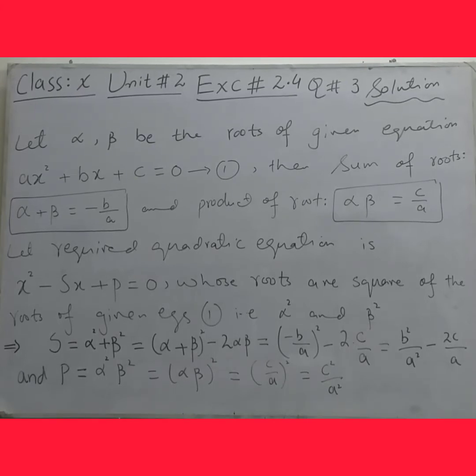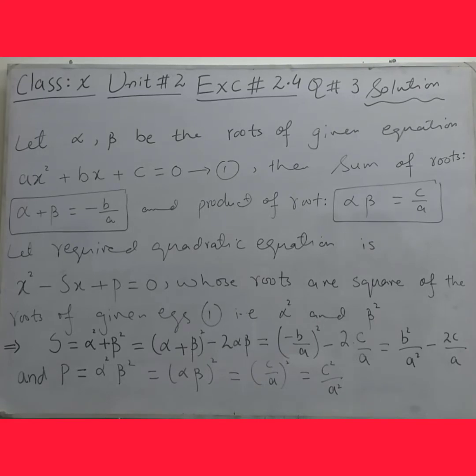Here one quadratic equation is given, which is ax square plus bx plus c equals 0, and we have to find one more quadratic equation whose roots are the square of the roots of this given quadratic equation.